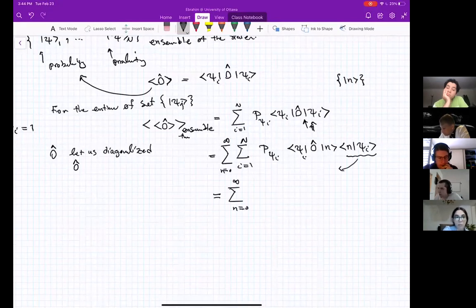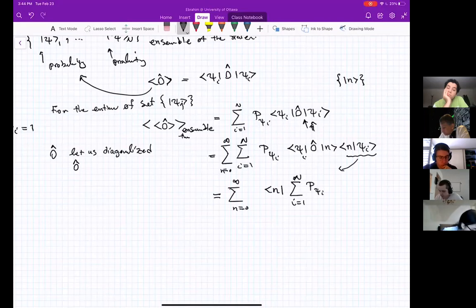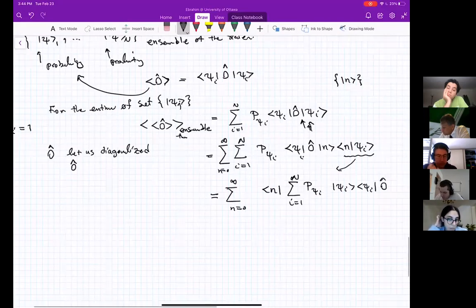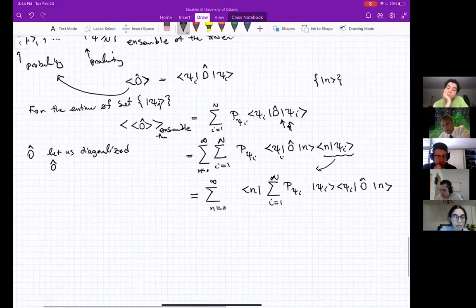So it will be the summation over n, and the summation over i from 1 to n of P psi i, of psi i, O operator acting on n. Do you agree with what I have written here? Good. What is this?